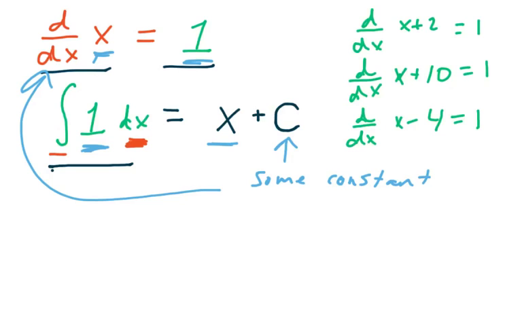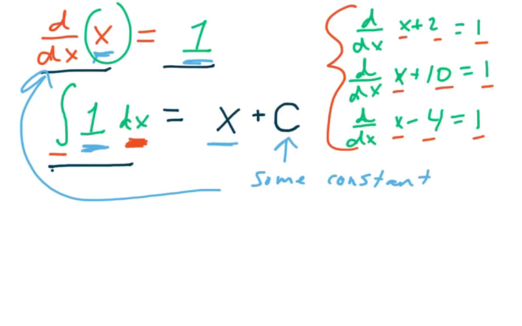So I get all of these different variations where I always get the derivative equal to 1. So it's not just if I have x by itself, it's I could have x plus some constant, or minus some constant, right? All of those derivatives are the same value of 1.